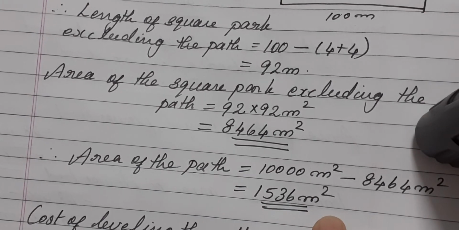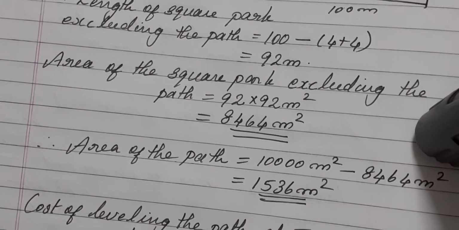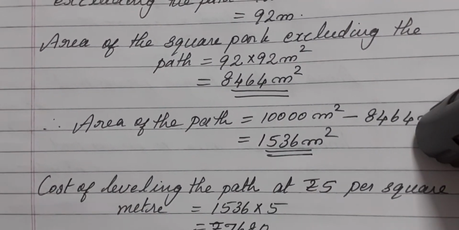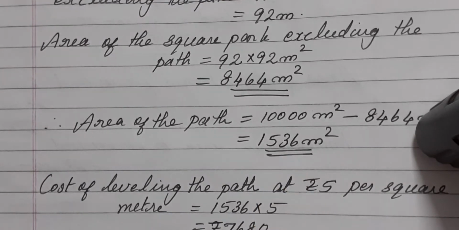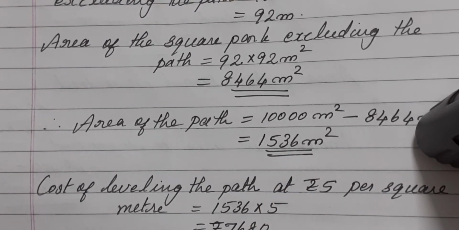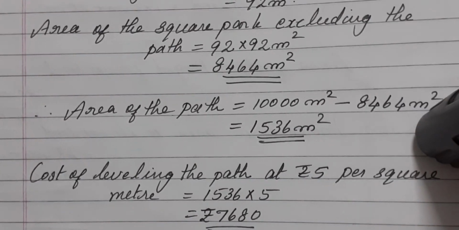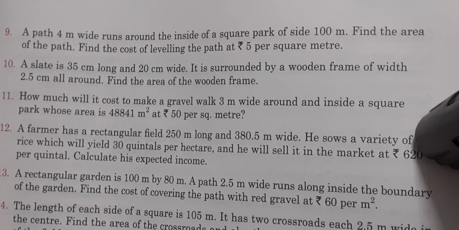Now we have to calculate the cost of leveling the path at the rate of rupees 5 per square meter. This area multiplied by 5, so you will get rupees 7,680. All of you do that in your notes. Now we will move to the 10th question.